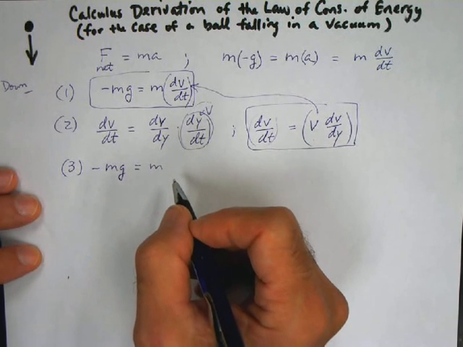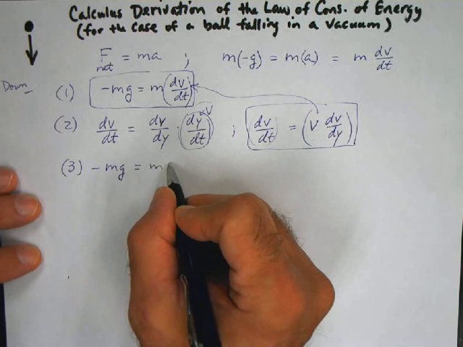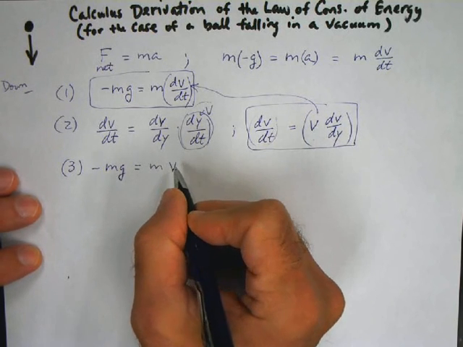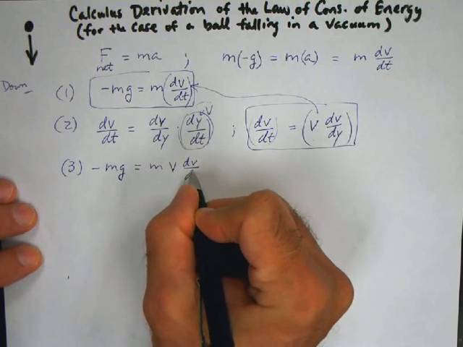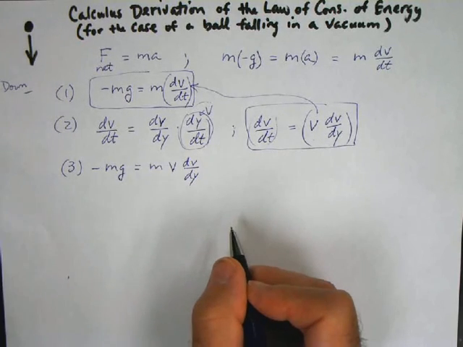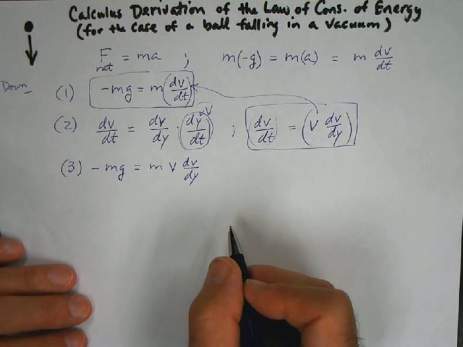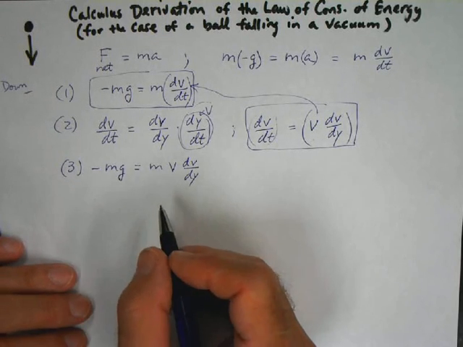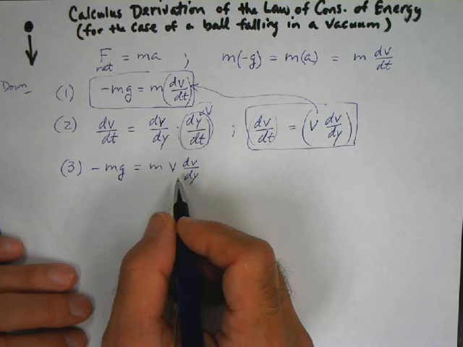So I'll just substitute this in for dv dt. Okay, so we end up with m times v dv dy. Alright.